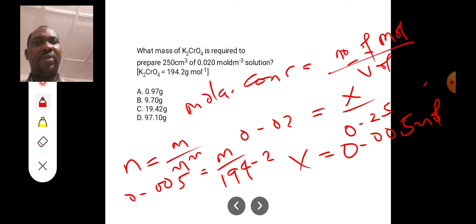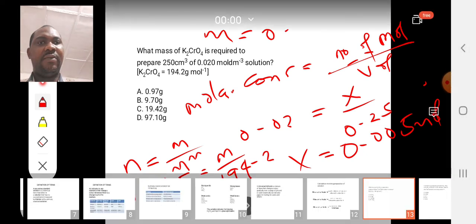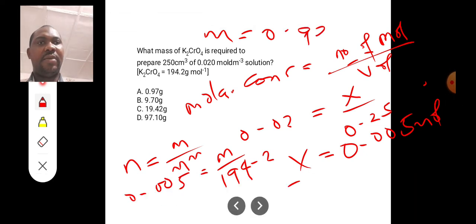If we cross multiply, the mass is 0.005 multiplied by 194.2, and that is going to give us the same thing. The answer is 0.971. You see, we use different methods to arrive at the same conclusion. So please take note.